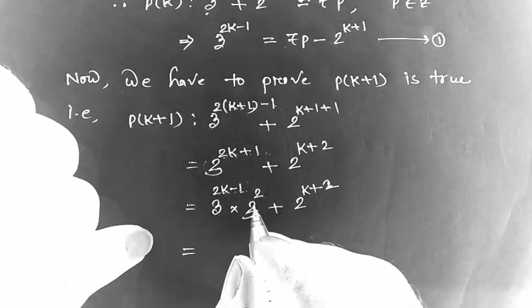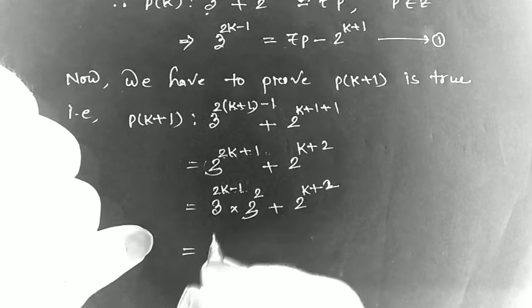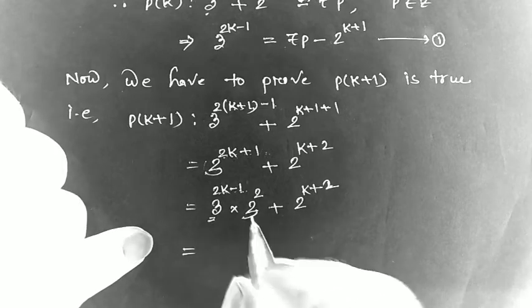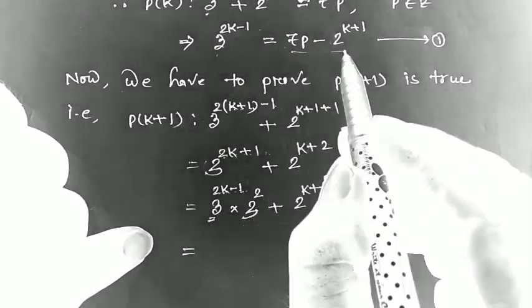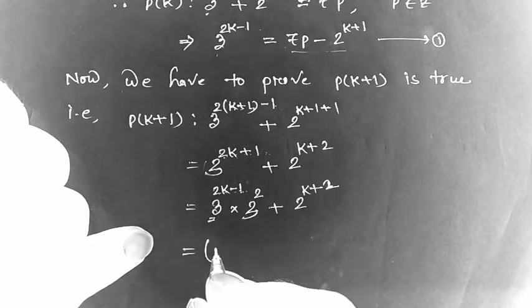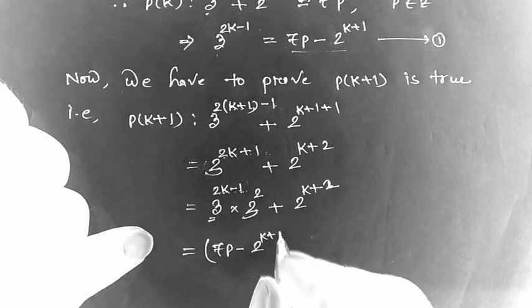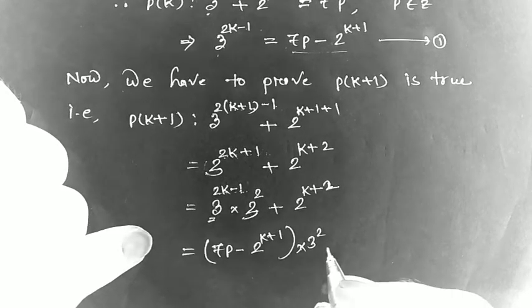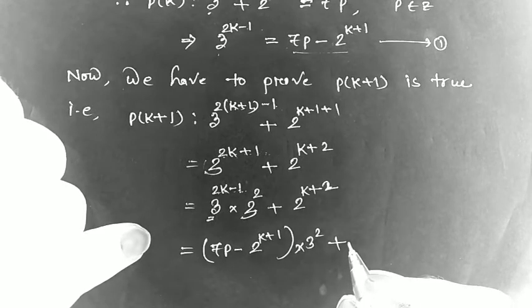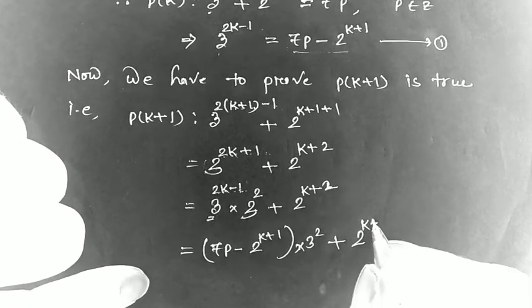Now see here, 3 square will remain same. 3 to the 2k minus 1 is this thing, so put it 7p minus 2 to the power k plus 1, and 3 square remains same, or you can give multiply here, plus 3 to the power 2 to the power k plus 2.